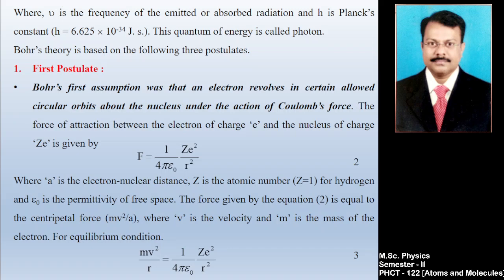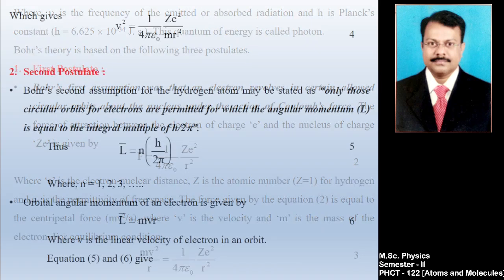For the equilibrium condition, mv square upon r is equal to 1 upon 4 pi epsilon naught Ze square upon r square. We put the value of the centripetal force, mv square upon r. This is equation number 3.